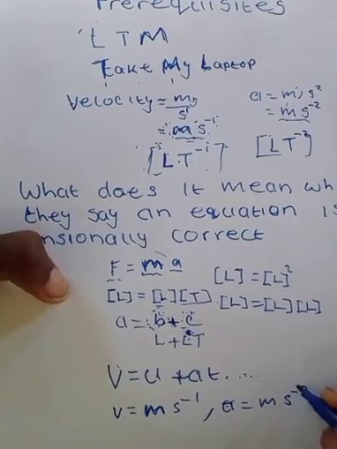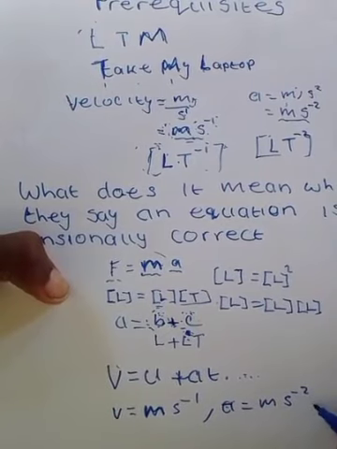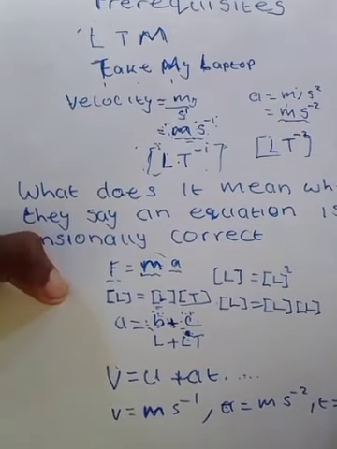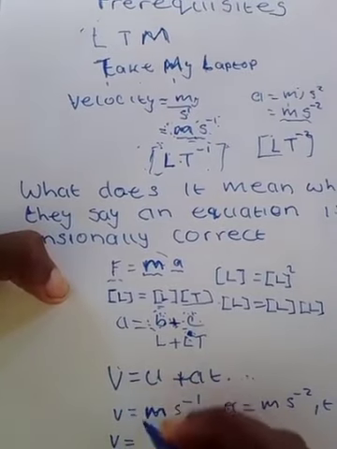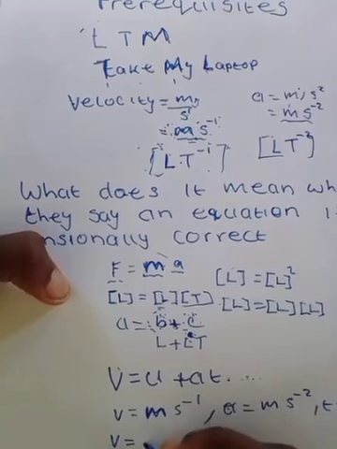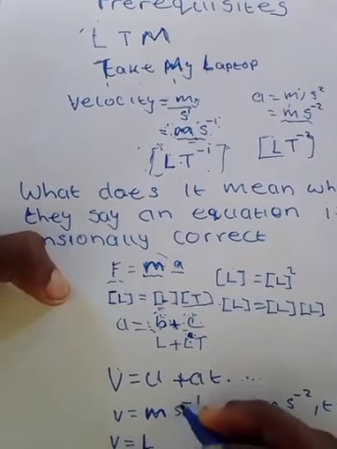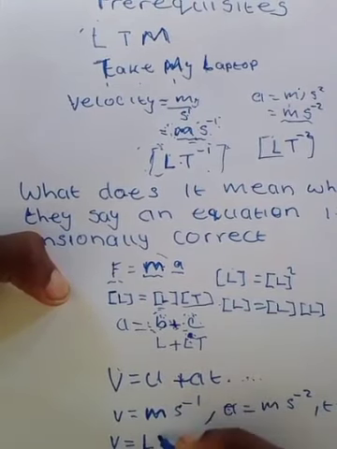I've just taken it to the numerator, and t has the unit of seconds, right? So now, in their dimensional form, this is meters, falling under length, right? The seconds under the dimension of time, raised to the power negative 1.